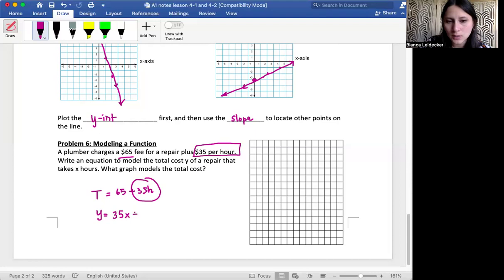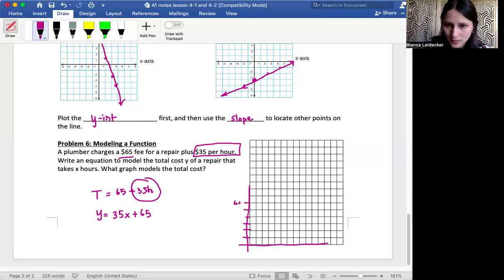and then it's with a baseline of $65. So you have to start at $65, meaning when I am drawing my line, maybe this is, let's see, my x-intercept down here, my y-intercept down here, 10, 20, 30, 40, 50, 60.